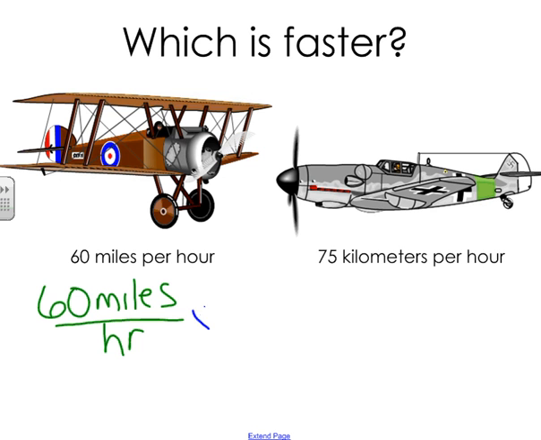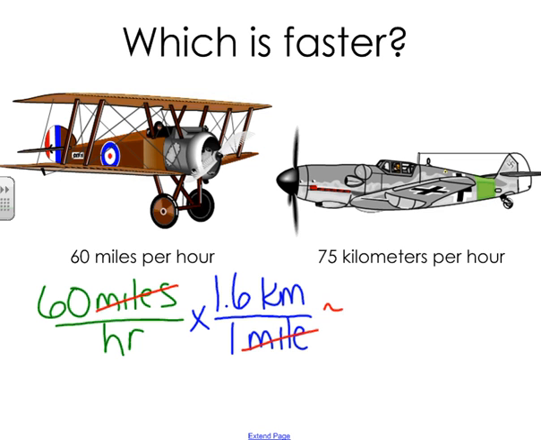So I'm going to multiply by a special form of 1. 1 mile was approximately 1.6 kilometers. Now I'm multiplying by a form of 1, and I have miles divided by miles. So those are going to simplify and cancel out.